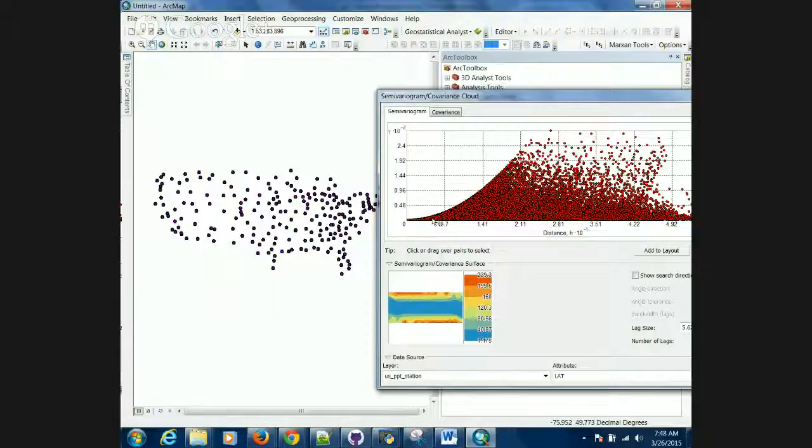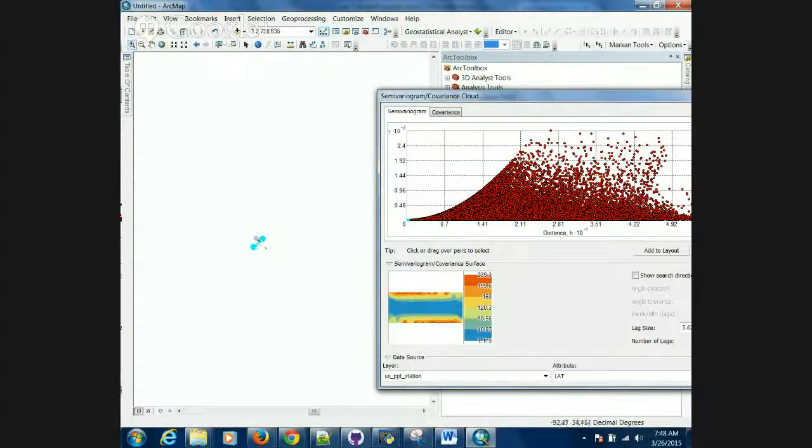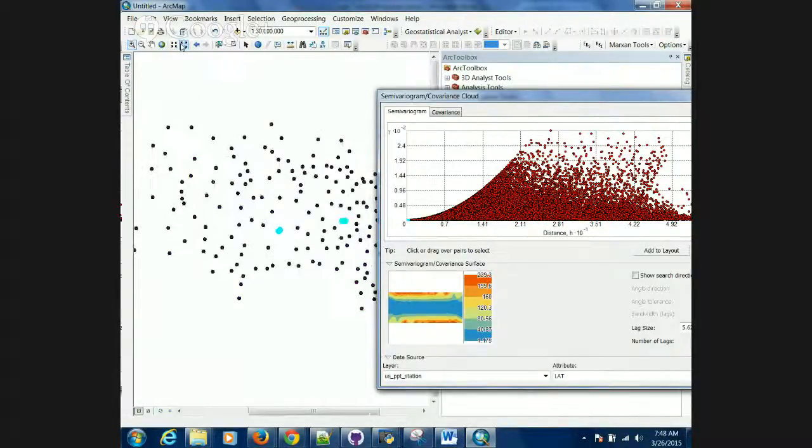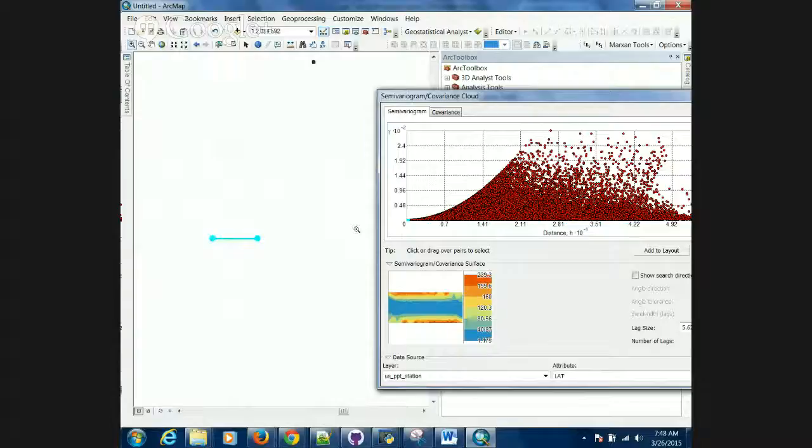So distance is this axis, and then the semivariance between the pairs is in this direction. And then we can actually highlight an individual pair. It's hard to see that these are pairs, but if we zoom in, we can see that's a pair.